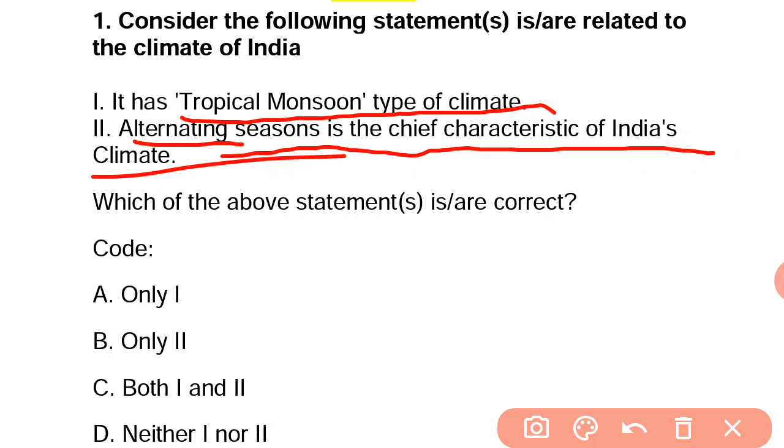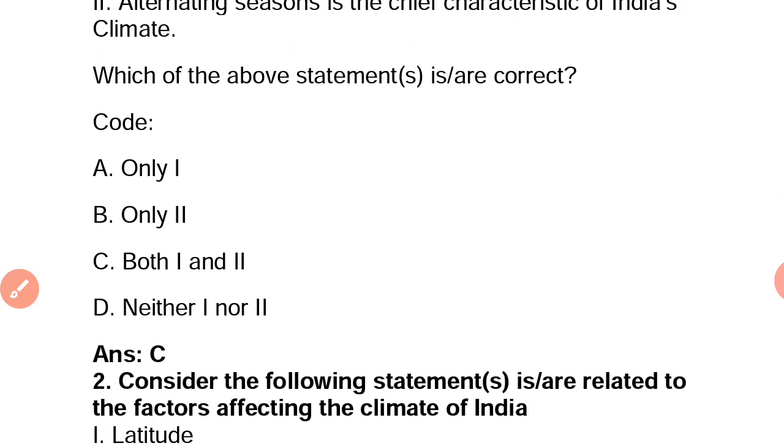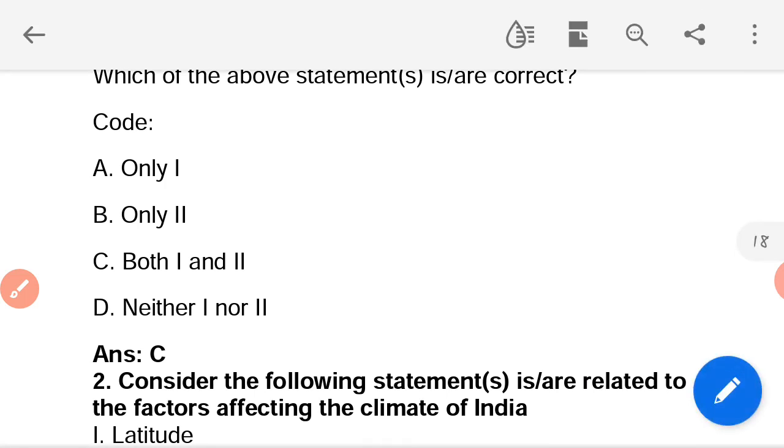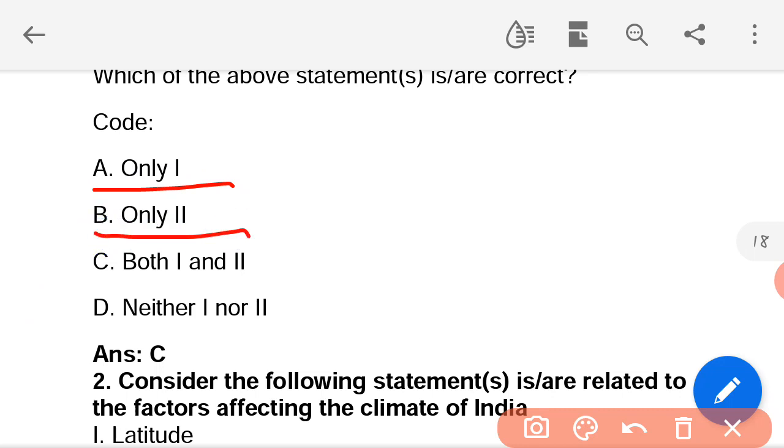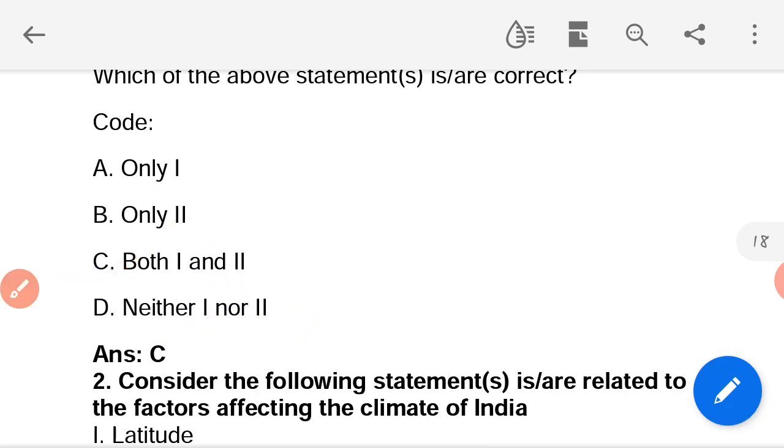Which of the following statements is or are correct? Option A, only I. Option B, only II. Option C, both I and II. Option D, neither I nor II. Right answer is option C, both I and II. Next question.